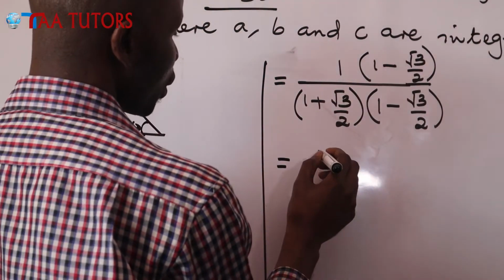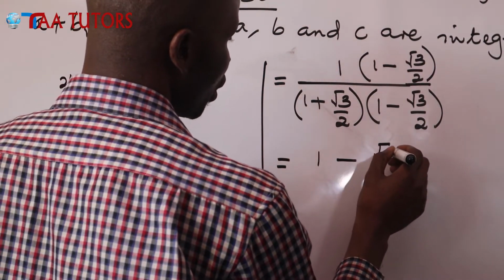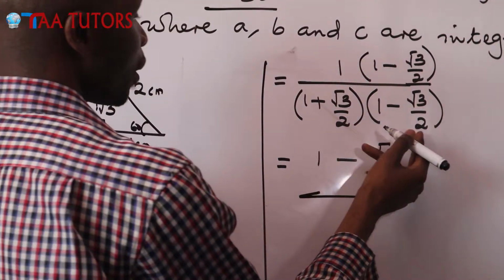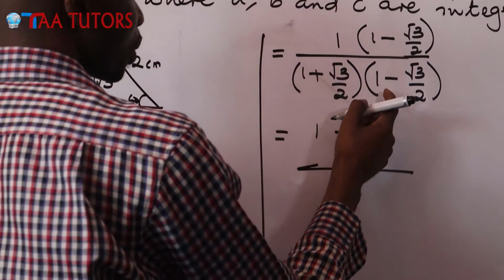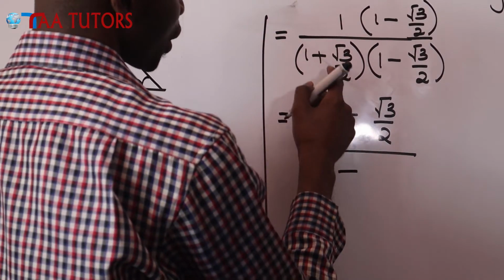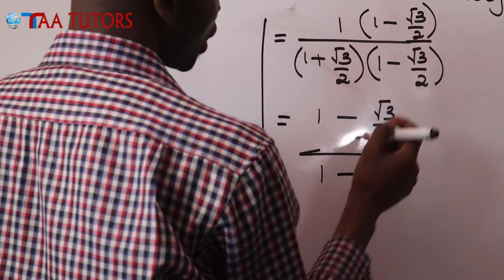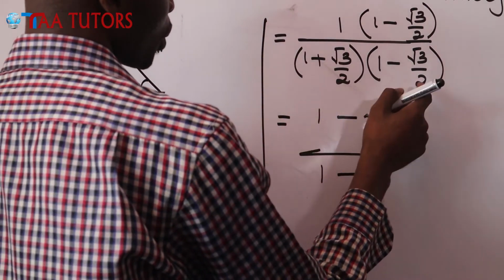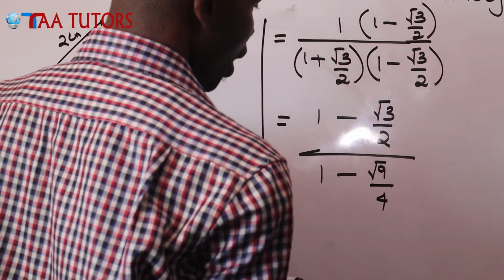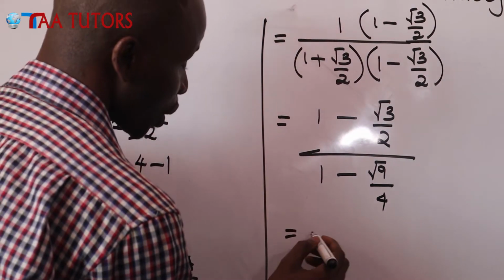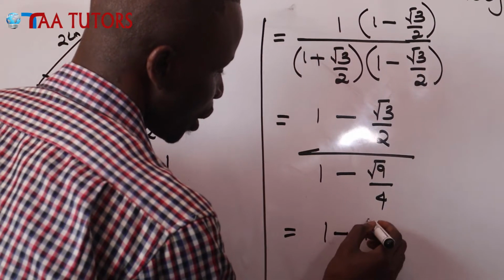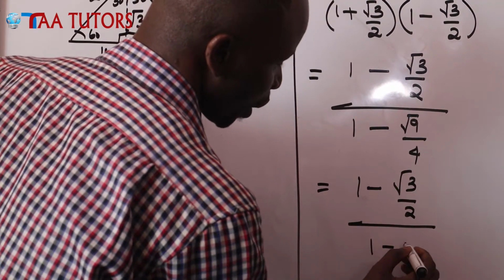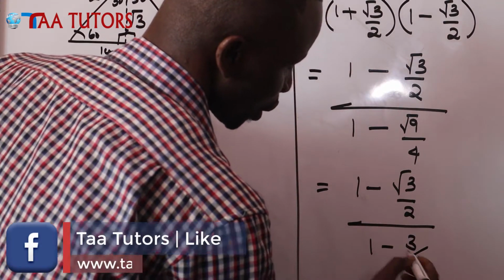If we open, 1 times that will just be 1 minus Surd 3 over 2. But divide by, this is like a difference of 2 squares. So 1 times 1 is 1, minus Surd 3 times Surd 3 is actually Surd 9, and 2 times 2 is 4. So Surd 9 over 4, which means this is 1 minus Surd 3 over 2 divided by 1 minus 3 quarters.